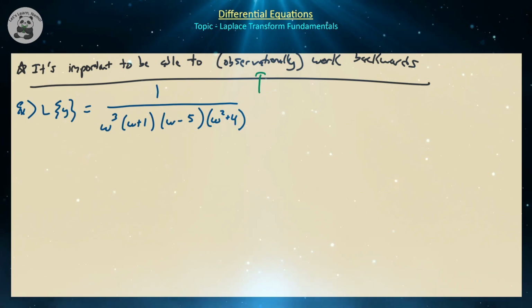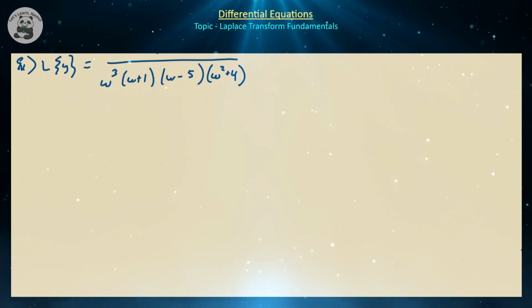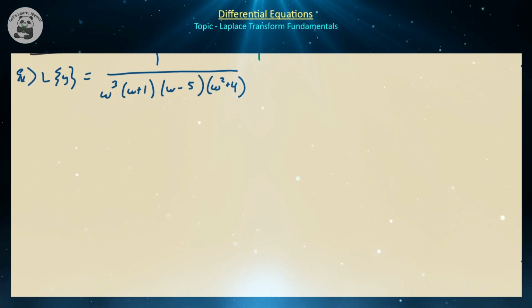So you're like, okay, I have a rational function. Hopefully I know what this original function looks like, at least in some pieces. One important thing you definitely have to know when analyzing the inverse Laplace transform of rational functions is how to do partial fraction decomposition, which you probably learned in Algebra 2 or maybe even integral calculus.